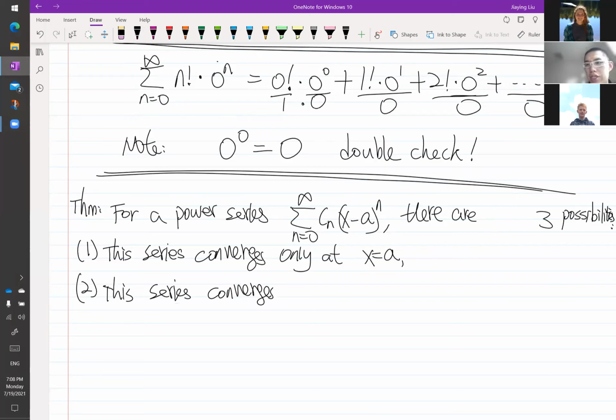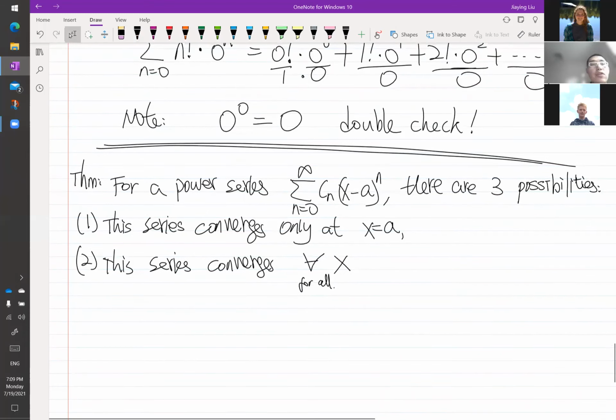I shouldn't say only, there's just 3 possibilities. The series converges for all x. So this is a for all x. So it converges for any x value, or it converges at a specific x value.